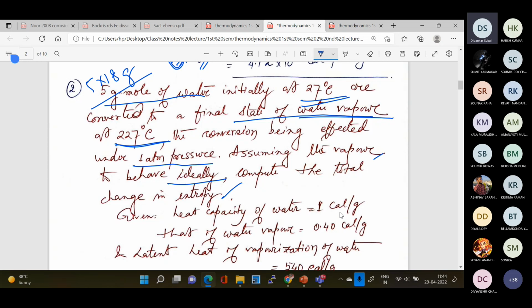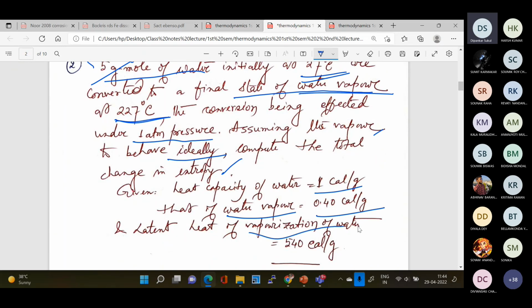Given heat capacity of liquid water, 1 calorie per gram, heat capacity of water vapor, 0.4 calorie per gram, and latent heat of vaporization of water, 540 calorie per gram. These values are given. Anyway, can anyone tell me why these two values are different?